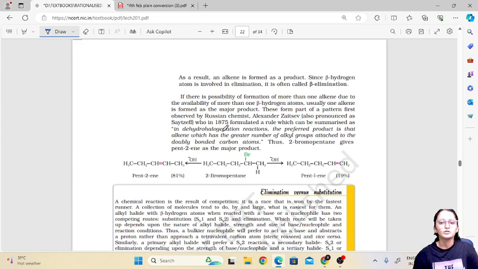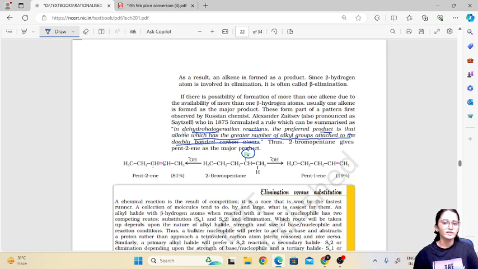And this comes with a rule called Saytzeff rule, which states that in a dehydrohalogenation reaction, the preferred product is that alkene which has a greater number of alkyl groups attached to the doubly bonded carbon atoms. So this is the reactant, to which we are adding OH. There are two possibilities now: bromine will leave, and there are two hydrogens which can leave.